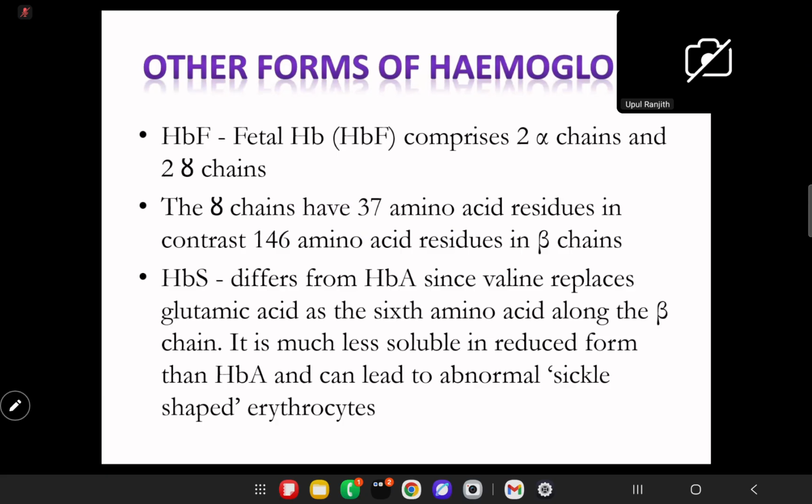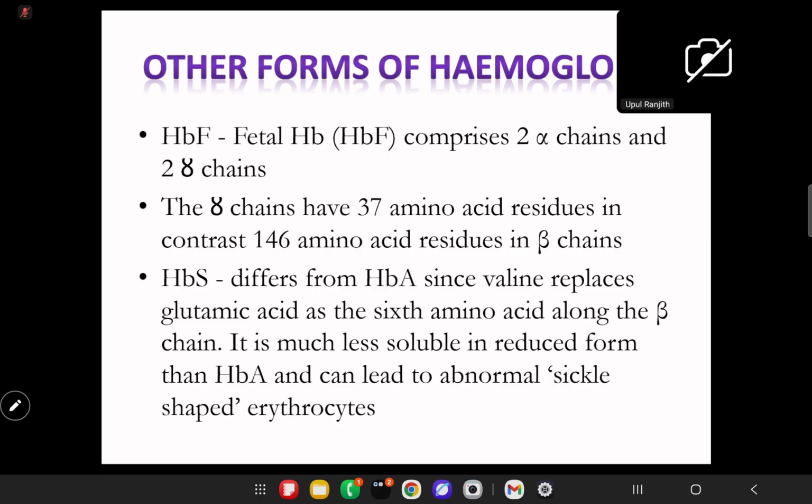Then HbS. HbS differs from HbA since valine replaces glutamic acid as the sixth amino acid along the beta chain. It is much less soluble in reduced form than HbA and can lead to abnormal sickle-shaped erythrocytes.